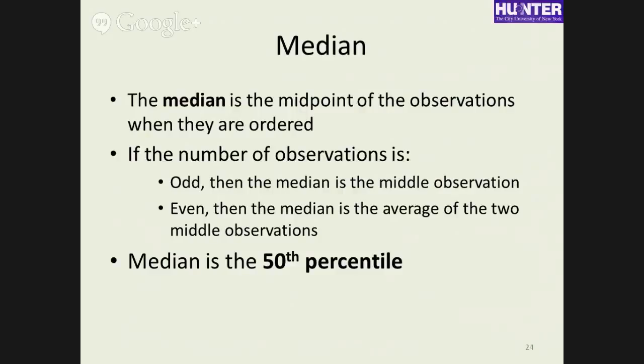Yes? What is the difference in terms of reliability between the median and the mean? What would you use for certain kinds of data versus others? So when would you use the median and when would you use the mean? Median is really good for, and we'll get into this a little bit more, but median is a robust statistic. So if you have outliers, you have a skewed distribution, median is good.